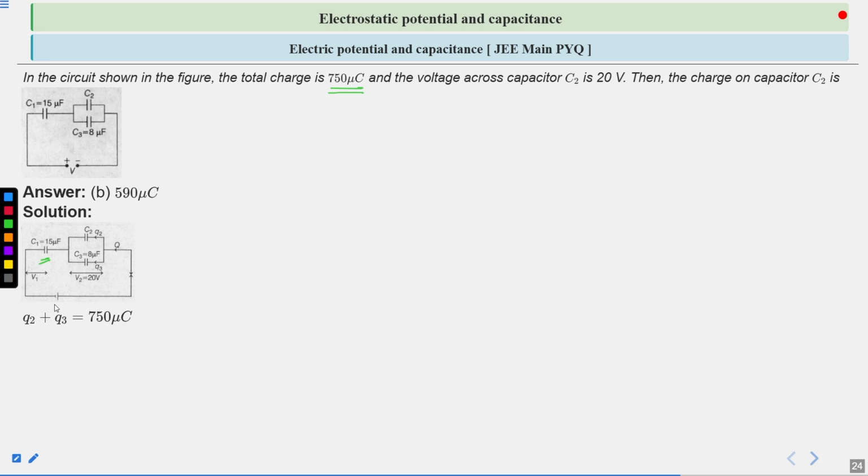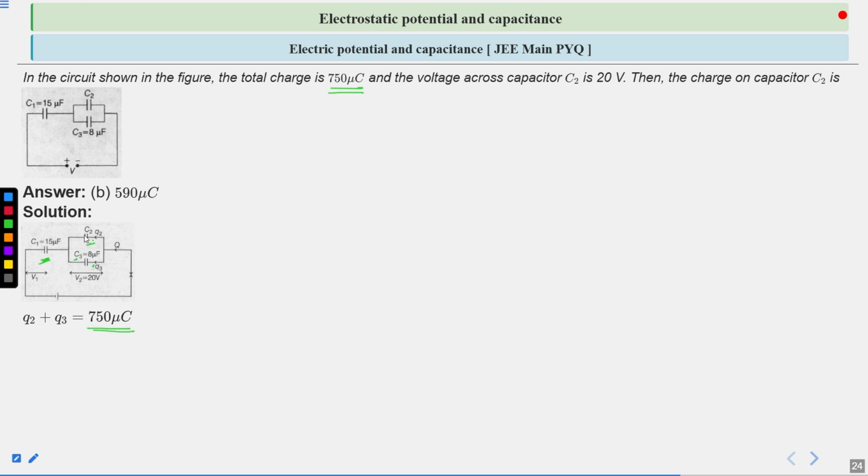Listen carefully: the combination of C2 and C3 and C1 are in series. So the charge on C1 will be 750 microcoulomb and the charge on this combination will also be 750 microcoulomb.